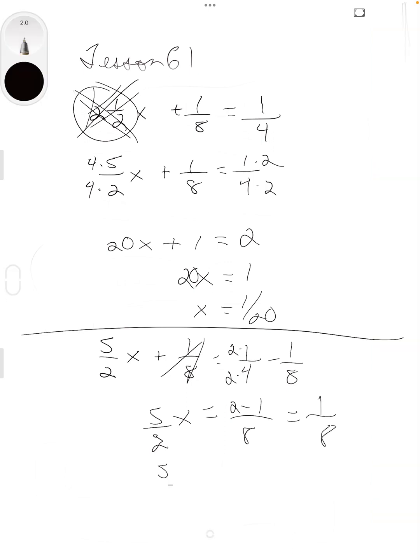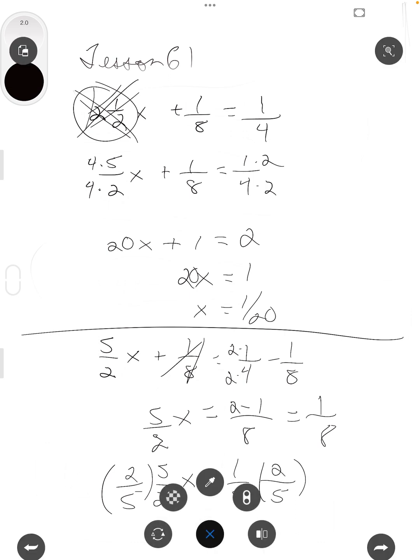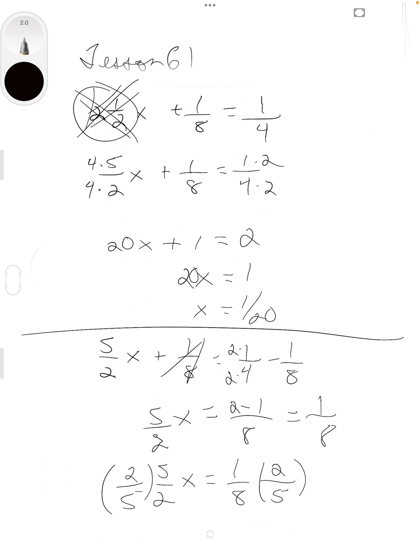And so I get 5 halves x equals 1/8. Multiply both sides times 2/5. And I end up with 1 times 2 is 2 40ths, or 1/20.